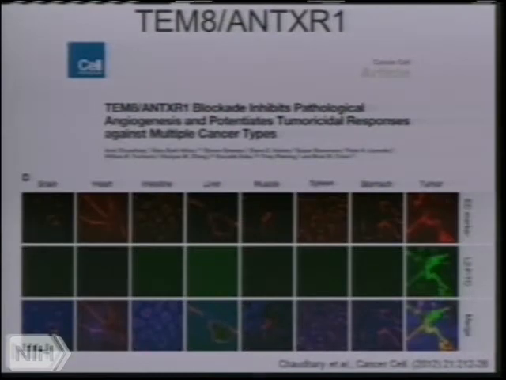One of those genes is called TEM8, tumor endothelial marker 8, and he was able to develop therapeutics for this particular gene. He demonstrated that it's expressed exclusively in the tumor vasculature.